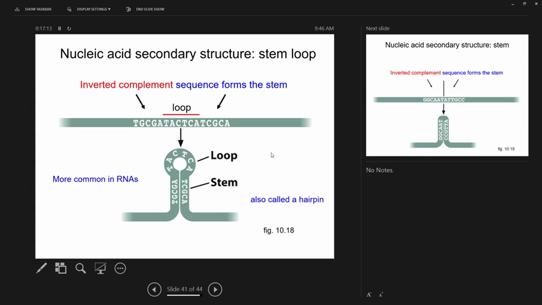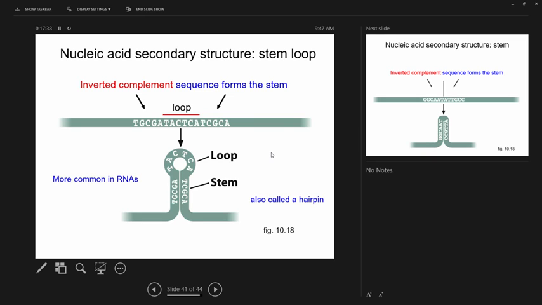So nucleic acid secondary structure. The main secondary structure for DNA you already saw in the pictures on the screen and the model I brought in. It's that double helical structure. But within both DNA and RNA, you can also make some other secondary structures, and these are derived from inverted complement sequences.